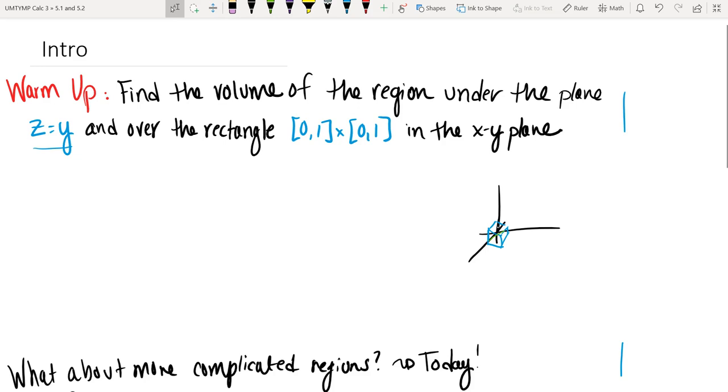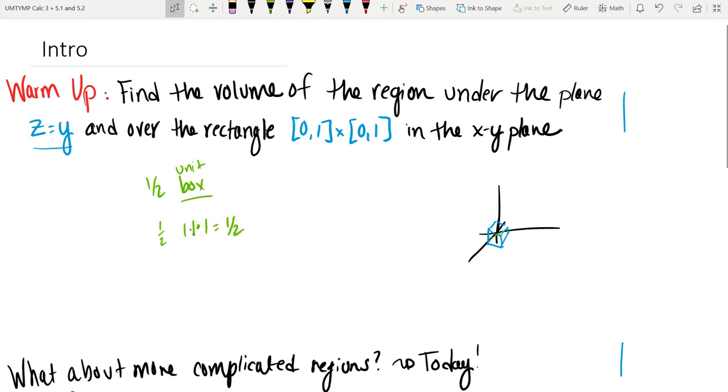I can't draw that too well here, but that's really saying you have the volume that is half of the unit box. The unit box is 1 times 1 times 1, and then we have half of that. So the volume should just be 1/2.